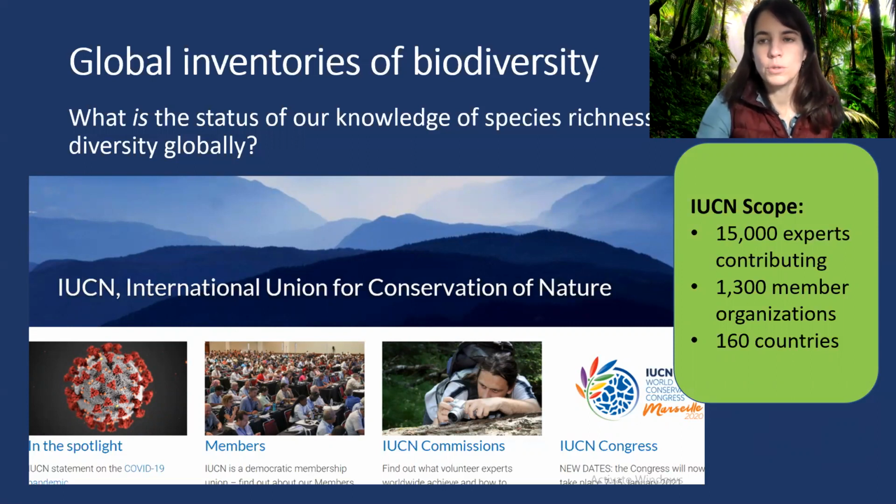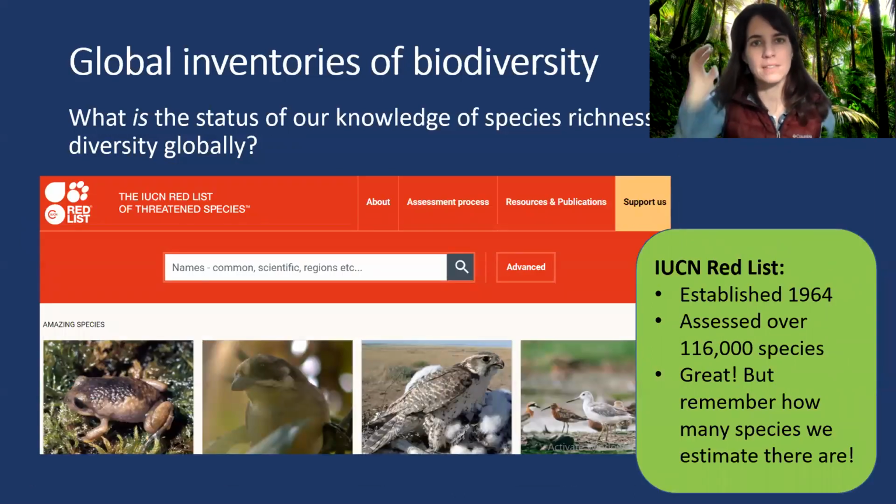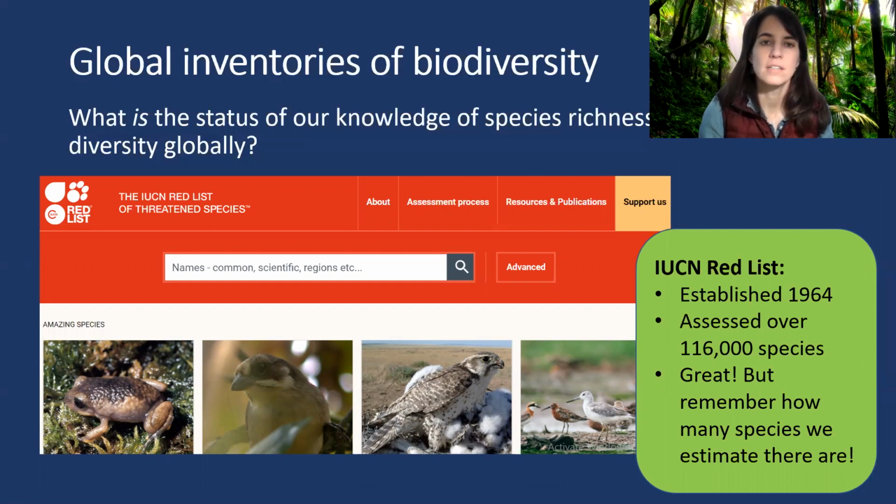So this is a huge organization. There's 15,000 experts that contribute to the data that they use. They have more than 1,300 member organizations and they work in more than 160 countries. They do a lot of on-the-ground active conservation work, but their main database that helps us understand species richness and diversity is the Red List. So like I said, you guys have worked with this.